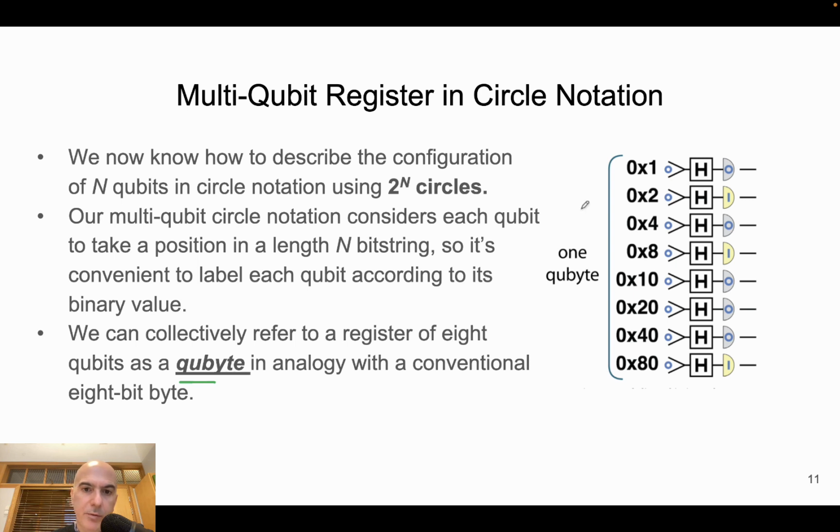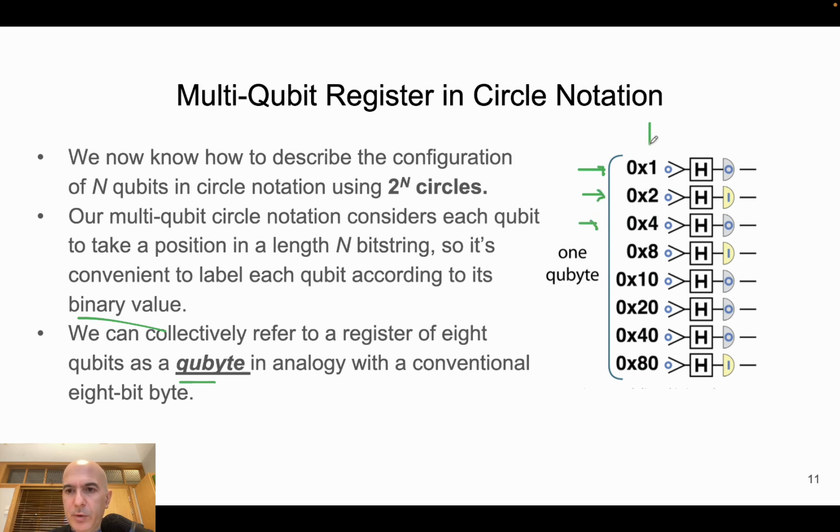So that means that if we have 8 quantum bits, then it will be an 8-bit string. It's convenient to label each state according to its binary value. So in this case, we have the first qubit, then the second qubit, then the third qubit.